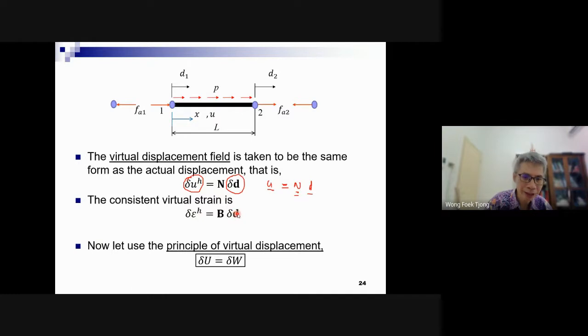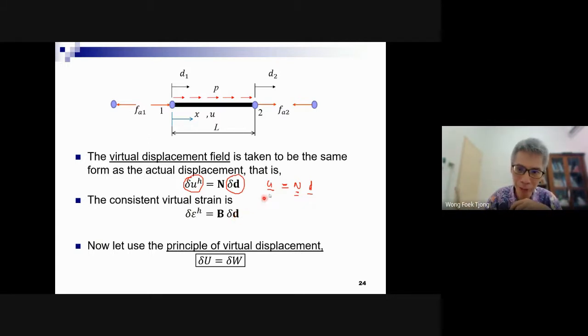With this, I think we are ready to use the principle of virtual displacement. With this definition, we have the virtual displacement equation, or the weak form, already. We have approximated the displacement and the virtual displacement.